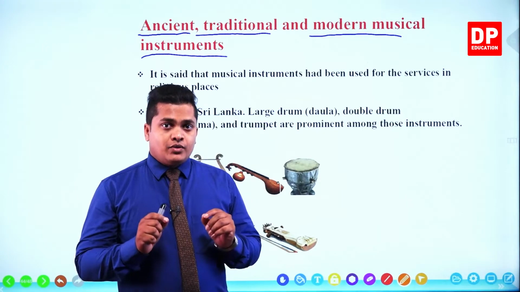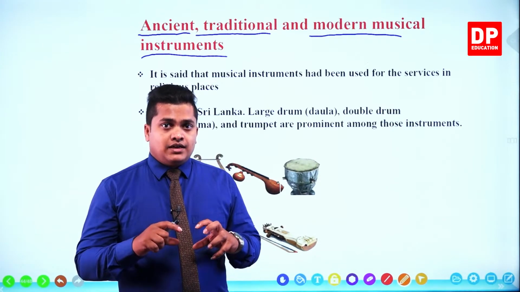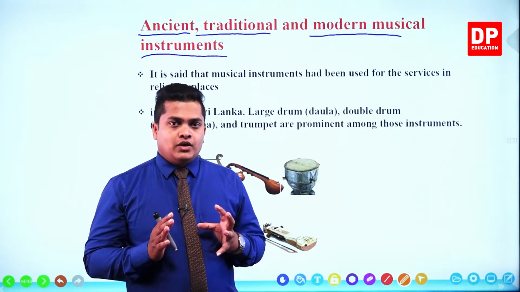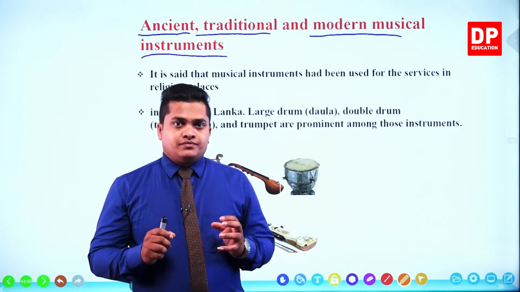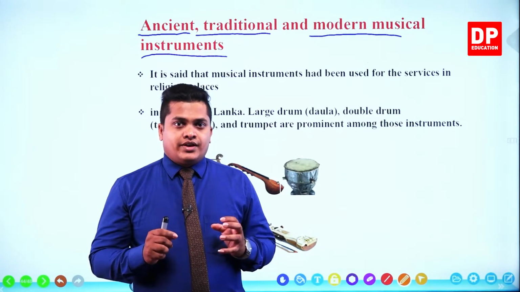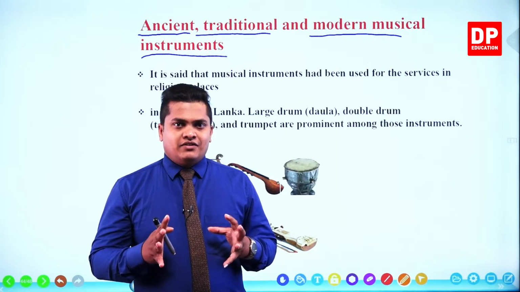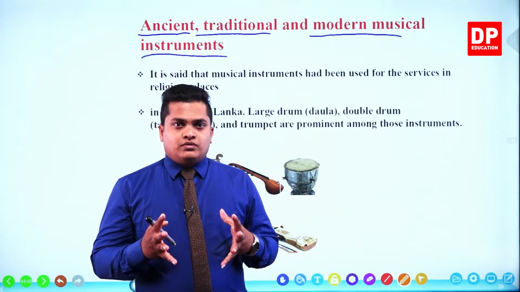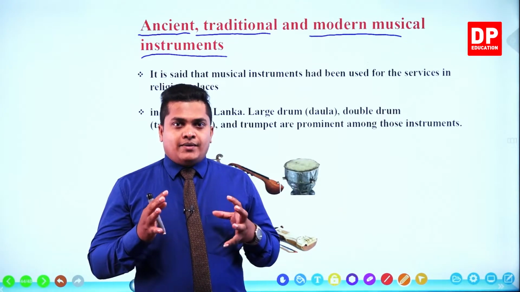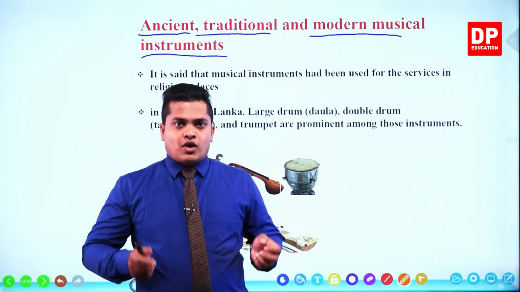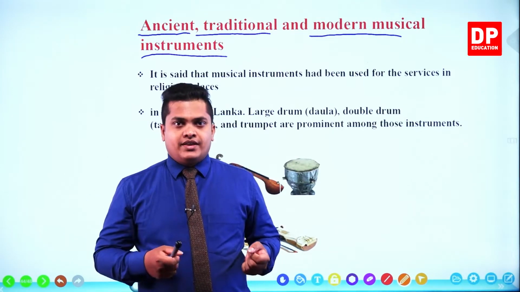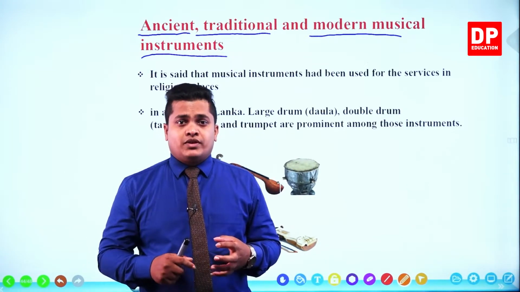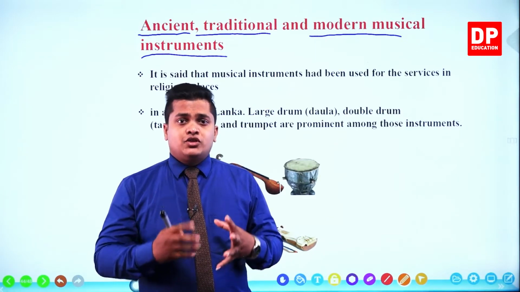I think you have heard about a person called the announcer, in Sinhala the Anaberakaru, right? That announcer has a drum. He plays that drum here and there, and gives certain announcements to the people. So the drum is a musical instrument, a traditional ancient one.